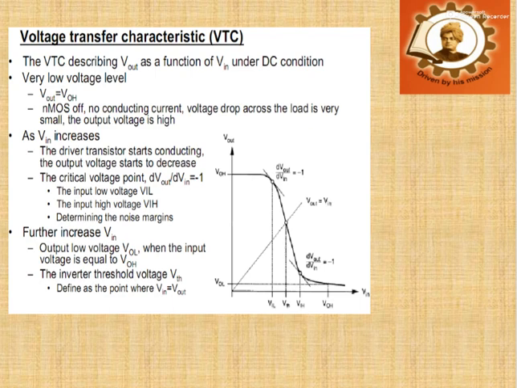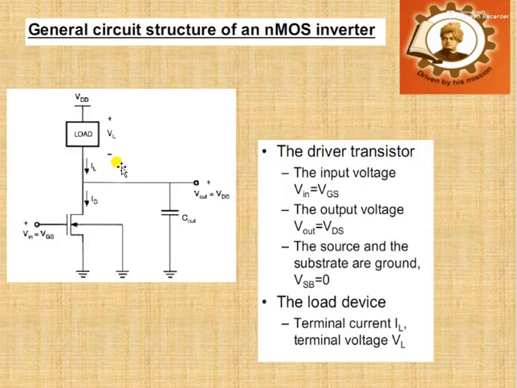So here the load represents a resistance. The input voltage is given to the gate of the NMOS, and the output is taken from the drain, so that V in equal to VGS and V out equal to VDS. The NMOS is known as a driver transistor here.